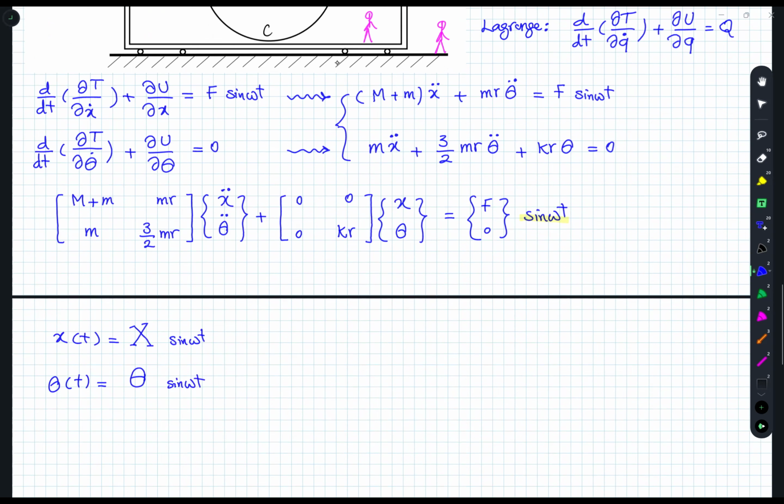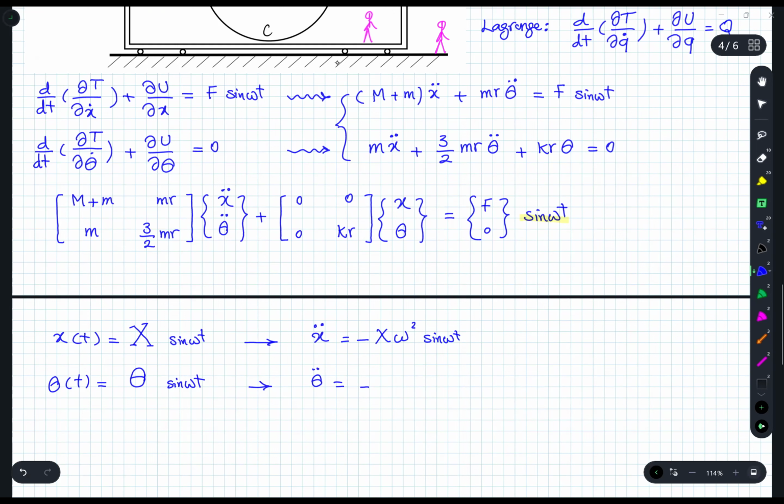It's convenient to do that particularly for this problem, because this is a function that can give us the answer. Obviously, I can find x double dot, which is minus X omega squared sine omega t, and theta double dot, which is minus theta omega squared sine omega t.